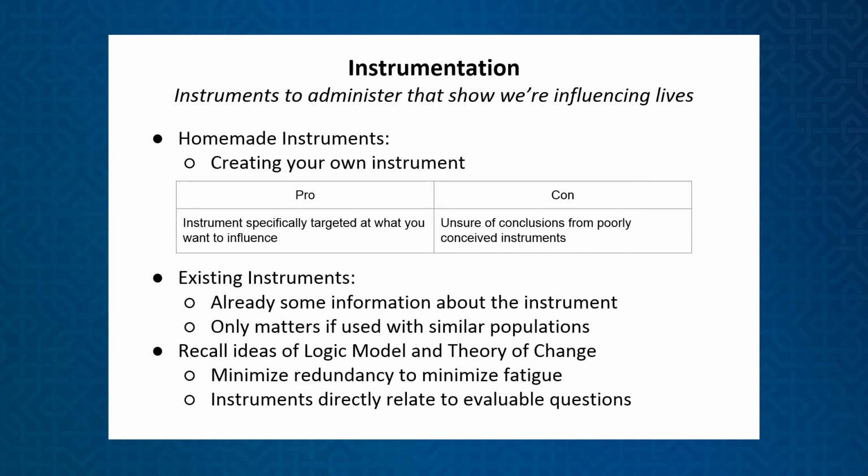Oftentimes, when folks come to us looking for assistance, the main thing they're interested in is, we need to find a metric. By that they mean we don't know which instruments we can administer to our community members that will show that we're influencing their lives in some way.